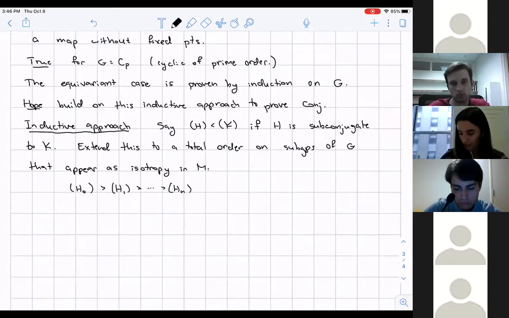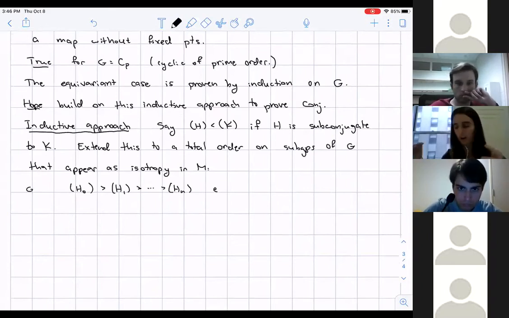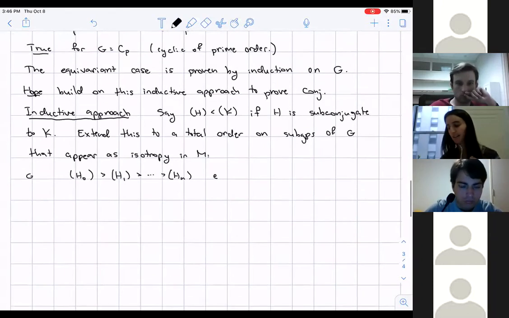And so maybe H_0 is G, maybe H_n is E. Maybe they're not, maybe those don't appear as isotropy groups.